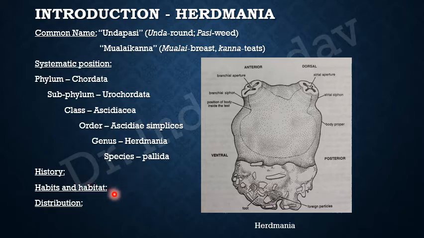Now we come to the habits and habitat. As I told you, it is found in sea, so it is a marine animal which is found at all depths. It can be found in shallow waters and in deep waters, so in that sense it is present on all levels of depth in the sea.